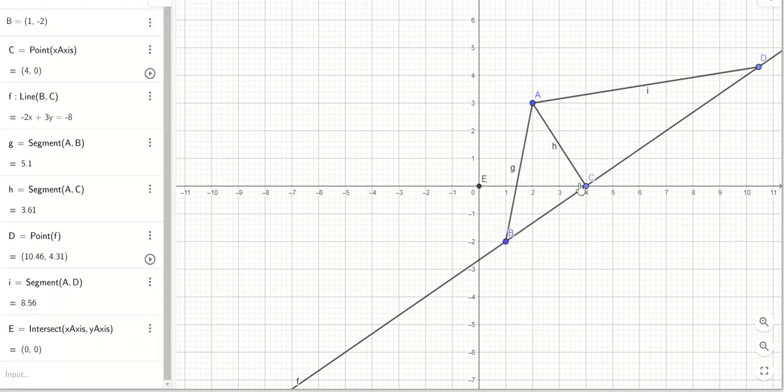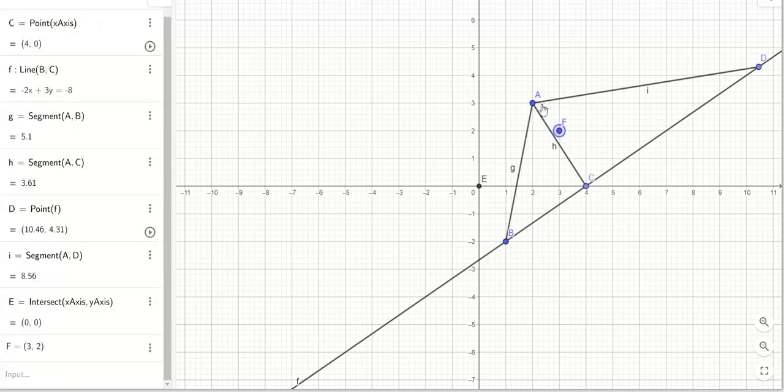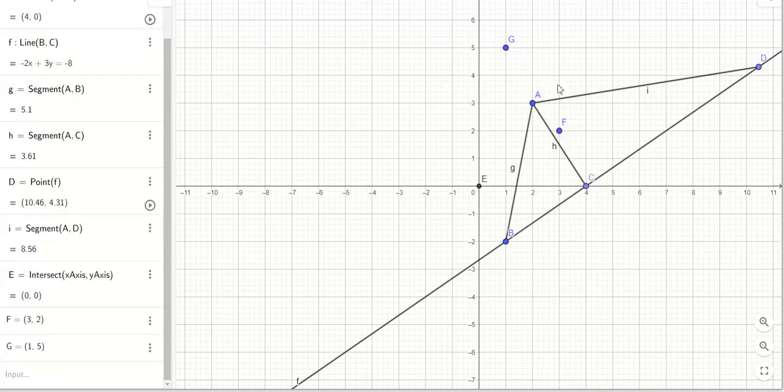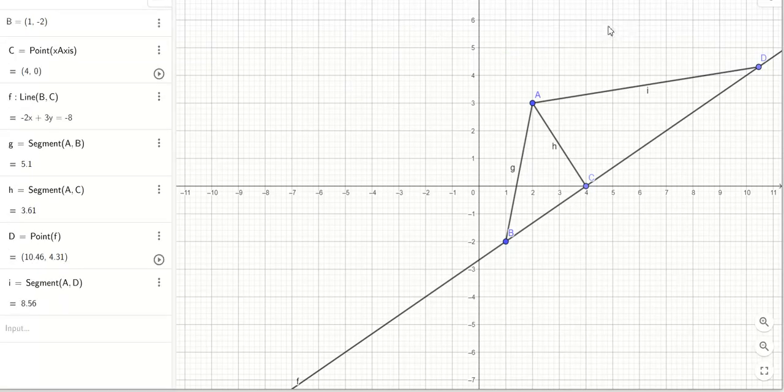CC, go 2 across and 1 up. CA, 2 across and 1 up. And what you've created is a new triangle that's exactly the same size as the old triangle. And if you get the area of the new triangle, it's the same thing as getting the area of the old triangle. Now, I'll show you how to do that without a diagram.